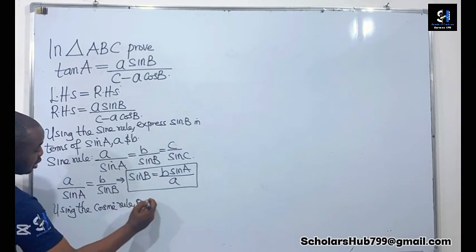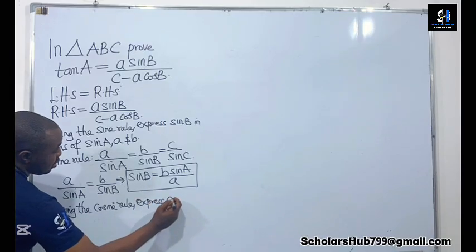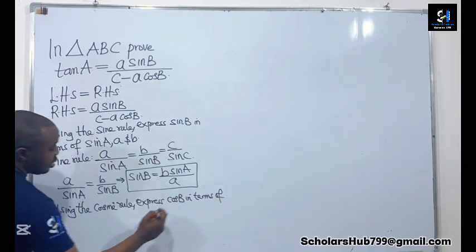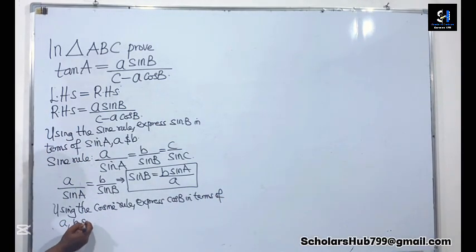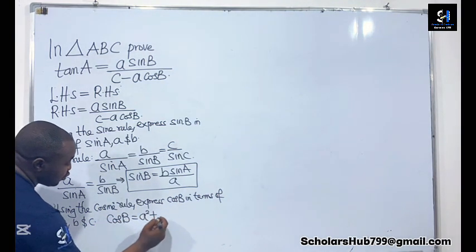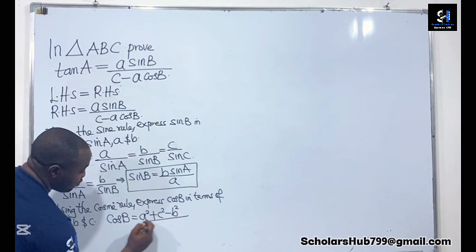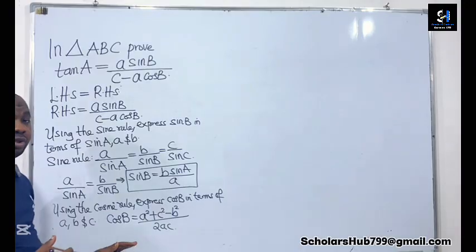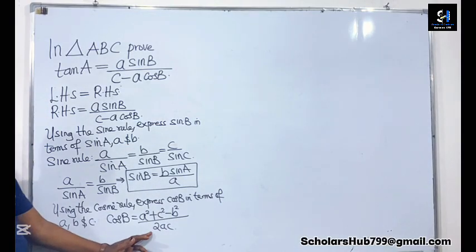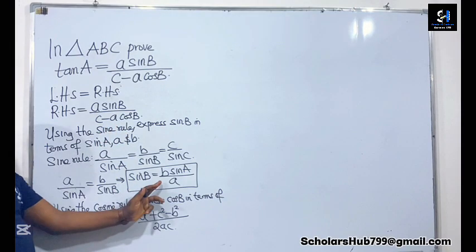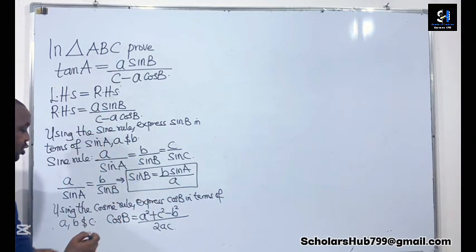The formula for cos B will be equal to a squared plus c squared minus b squared divided by 2ac. So this is the formula for cos B using the cosine rule. Now I can substitute this for cos B in this expression, and I also substitute this for sin B in this expression.